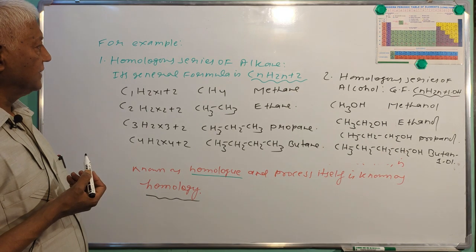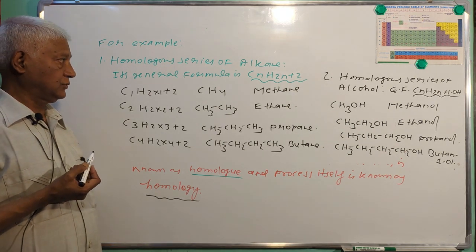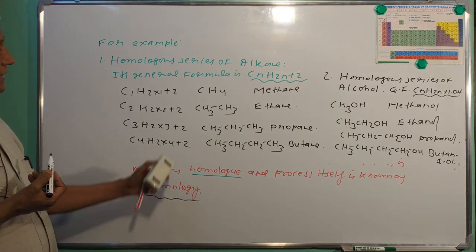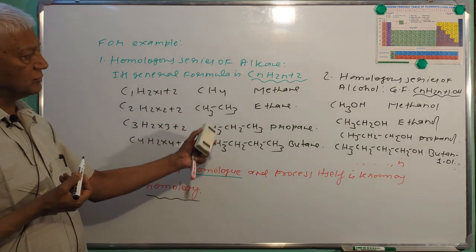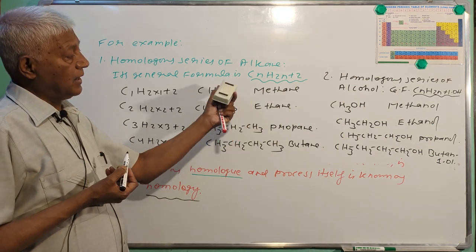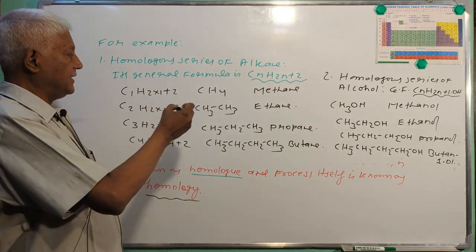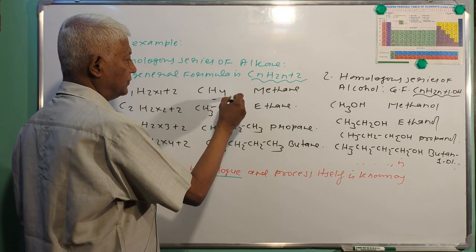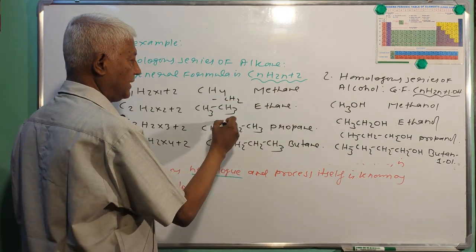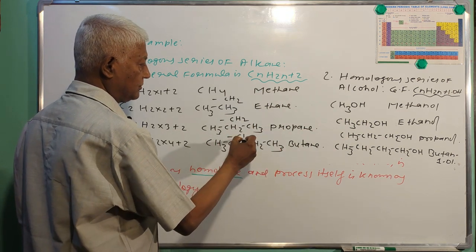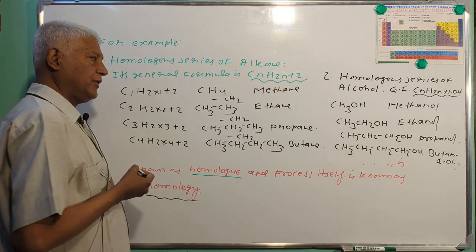So according to the definition we have taught you, these organic compounds contain the same functional group in all cases, and the difference between methane and ethane is CH2, ethane and propane is CH2, propane and butane is CH2.